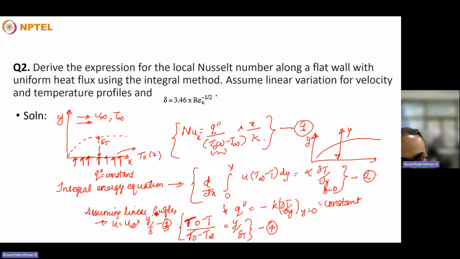When the thermal boundary layer is significantly smaller, that is the case of Prandtl number very much greater than 1. The second case will be Prandtl number very much less than 1, when the thermal boundary layer is bigger than the hydrodynamic boundary layer. So the first case we will assume, case A, is when the thermal boundary layer thickness is very much less than the hydrodynamic boundary layer thickness, that is Prandtl number very much greater than 1.